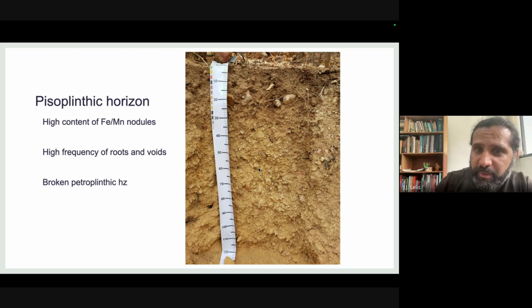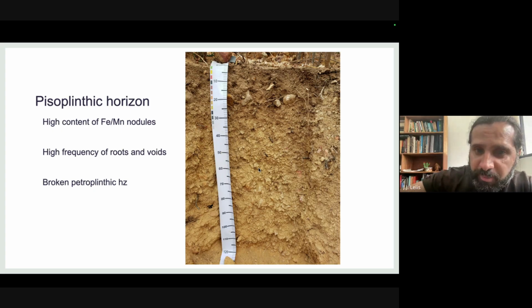As I said, some people say that this pisoplinthic horizon is formed by the weathering of a petroplinthic horizon. So after formation of a petroplinthic horizon, some process could start to break it, and after some intense weathering of this petroplinthic horizon, I can register a pisoplinthic horizon.